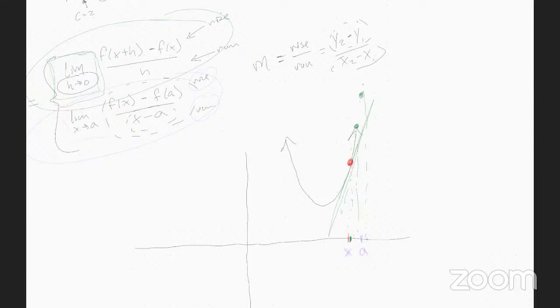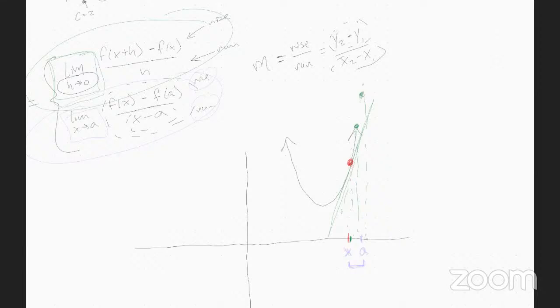What does that mean is happening with these two things? If x is equal to a, what does that mean? That they're going to be right next to each other, right? So it's that same concept. You could think of it as h goes to 0, or you could think of it as x goes to a. Got it?